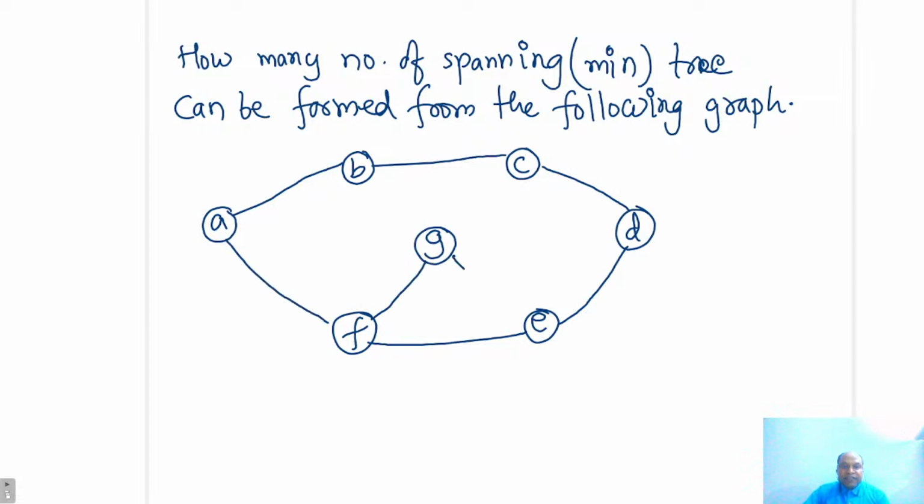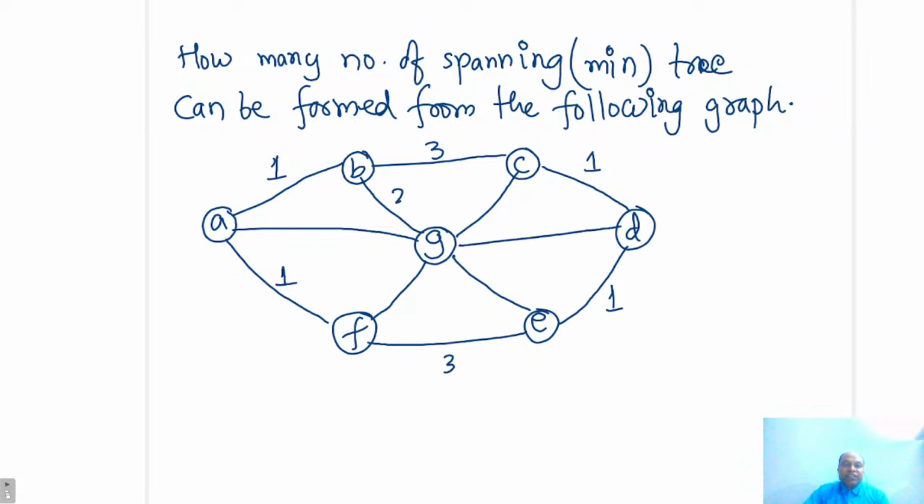Now G is connected with each and every node. Now this is 1, 1, 1, 1, 3, 3, and I think this has also connected with this. This has also connected with 2, 2, 2, 2, 2, 2.